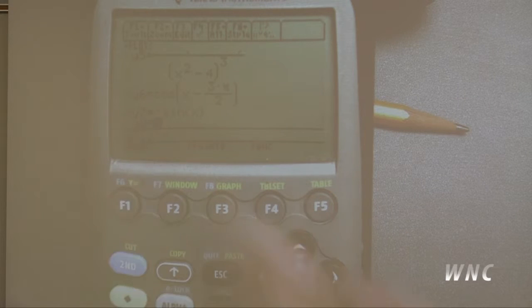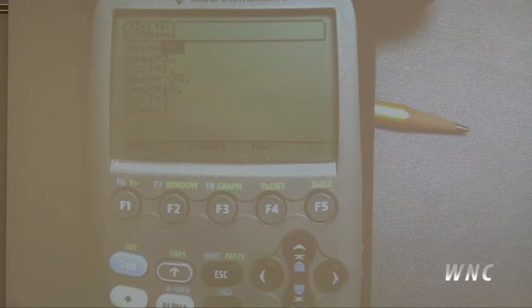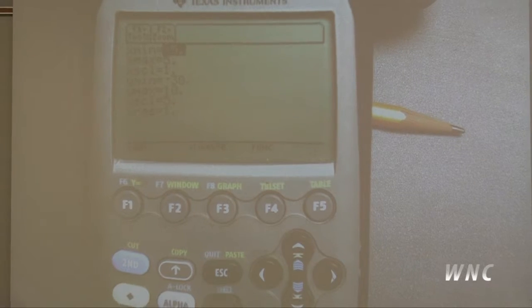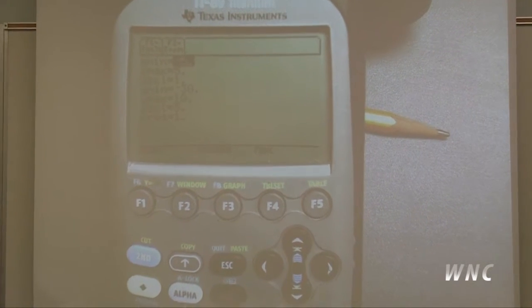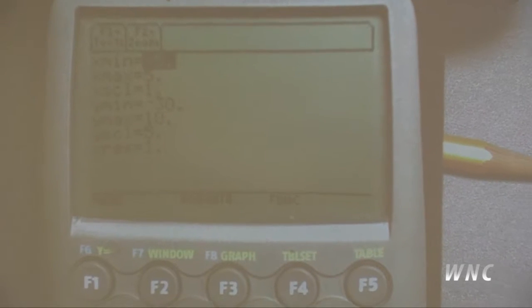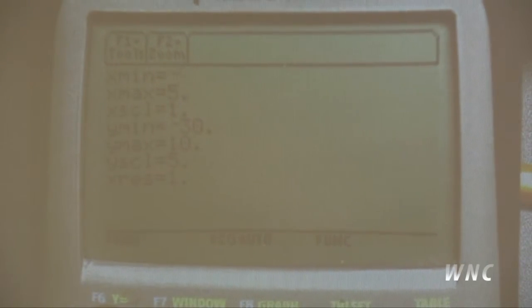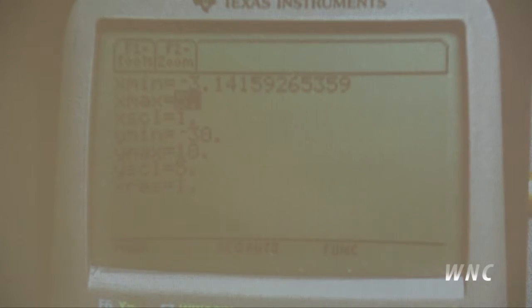So right now they're both check marked. I'm going to turn off this negative sine x. It's turned off. So when I graph, I'm just going to see the cosine. Let me do my window here. I'm going to go from, let's go negative pi to 3 pi.